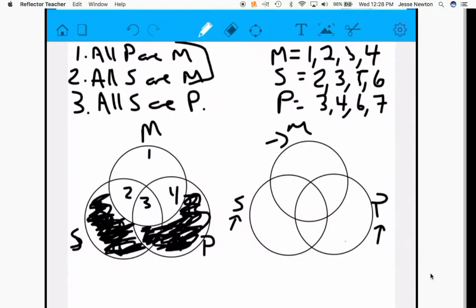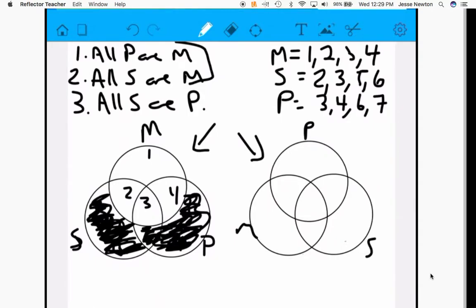We could, if we wanted, put P at the top, M over here, and S over here. The only thing is if we did that for this diagram, we'd have to do it for this one as well. They have to match, because if they don't match, it's going to throw everything off. So if I had M for the bottom left circle, I'd have to have it for the bottom left circle for the combined premises as well.